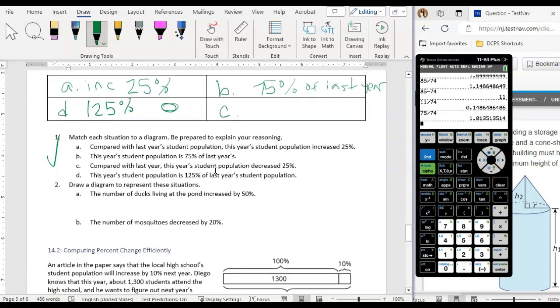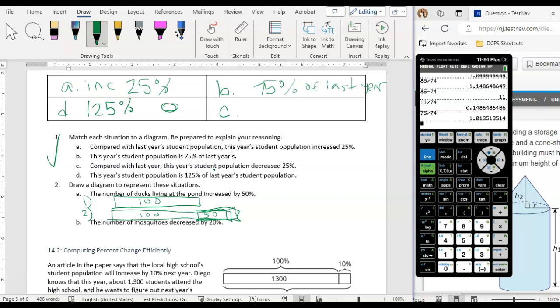Number 2 says draw a diagram to represent these situations. The number of ducks living at the pond increased by 50%. So we have year 1, we'll say, and we have 100%. And then year 2, we have 100% plus 50%, and this bar should be about half of this one.